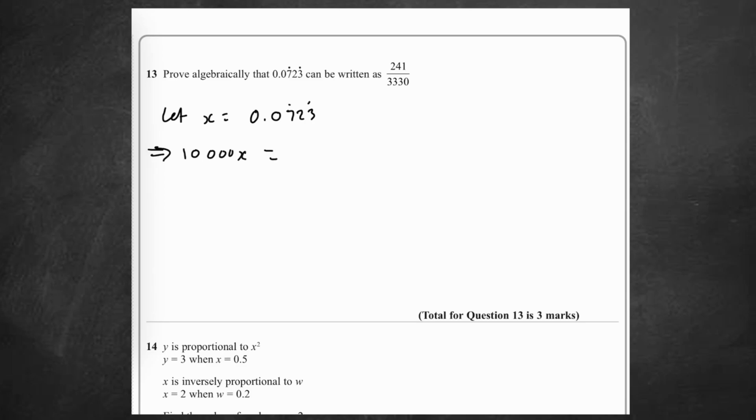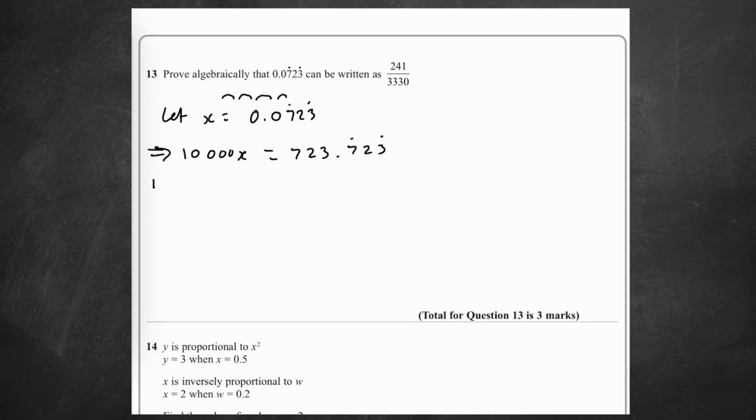10,000x. So that will be 10, that will be 100, 1,000, 10,000 would be 700. So 10,000x is going to be 723.723 recurring.